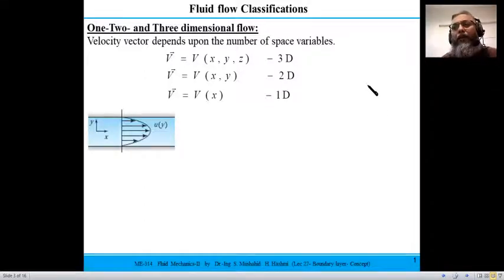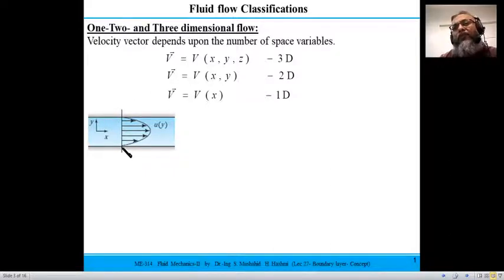For example, here you have two infinitely long plates, and fluid is flowing in that direction. The direction along the plates is x and the perpendicular direction is y. The geometry is two-dimensional, there is no issue on that, but the third dimension is into the paper.